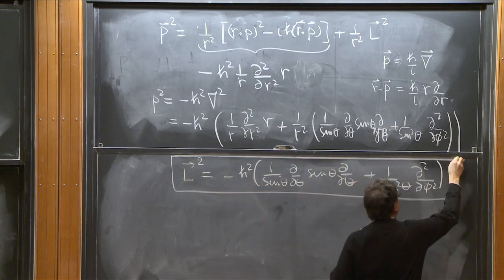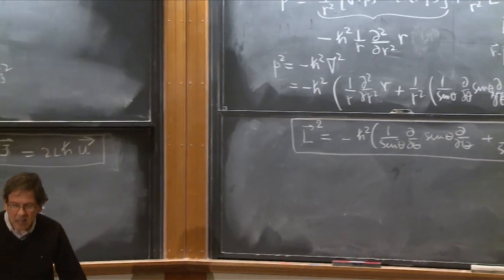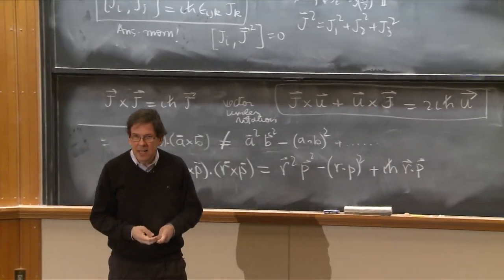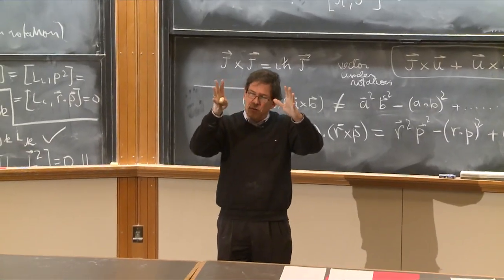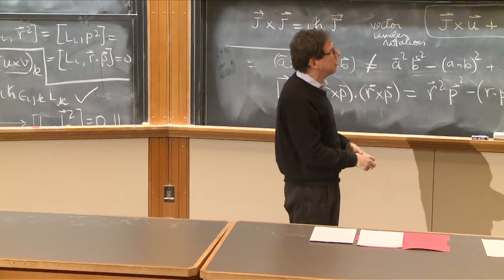So in terms of functions of 3 variables, x, y, and z, L squared, which is a very complicated object, has become just a function of the angular variables. And that is a very important intuitive fact.